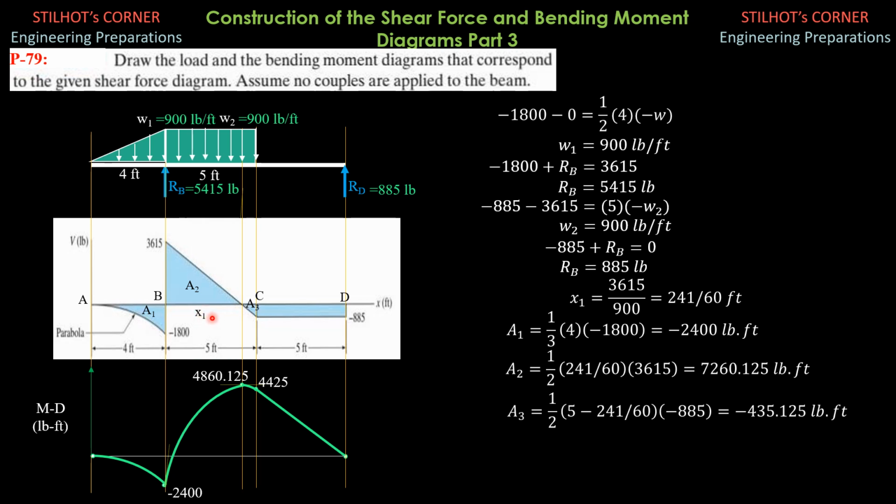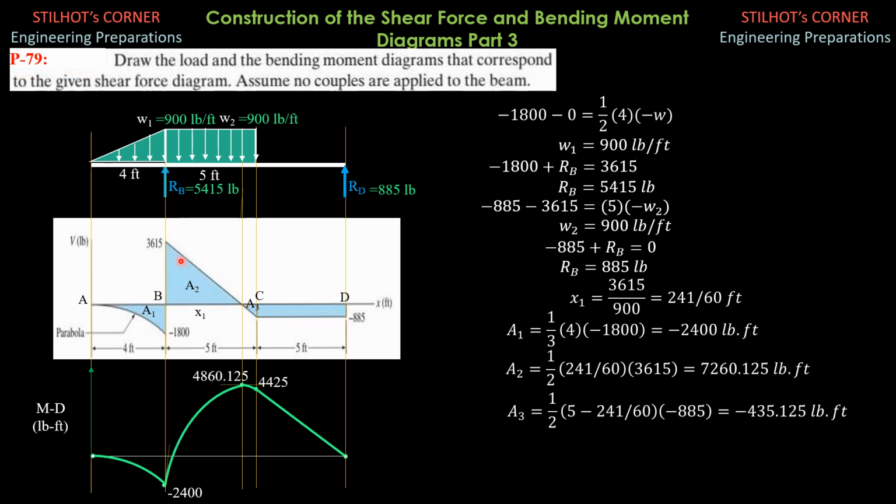Then to solve for area 2, let's solve for x1 first. The shortcut to the determination of x1 is we just divide the shear force 3615 by the uniform load 900, and it is 241 over 60 feet. Another way is you apply similar triangles. X1 as to 3615 equals 5 minus x1 as to 885, and you will get the same value of 241 over 60. This is based on the shear equation, 3615 minus 900 x1, which we equate to 0 because the shear is 0 here.